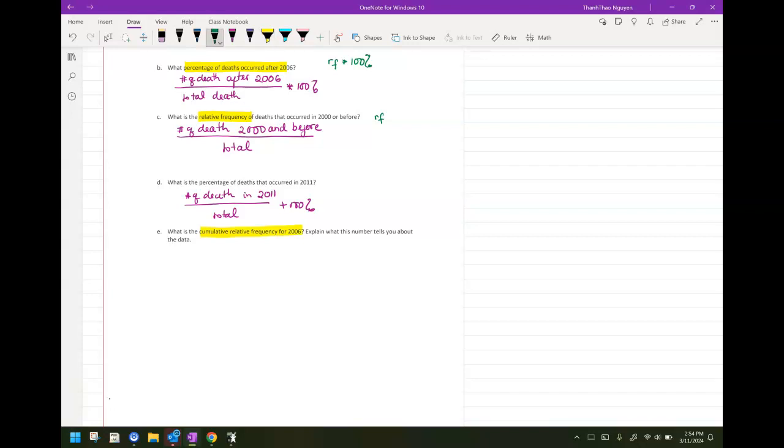So we are finding the total of relative frequency from 1994 to 2006. Okay, so explain what this number tells you about the data. This data is quantitative discrete. You can find them individually and add them up. So this data is discrete data.